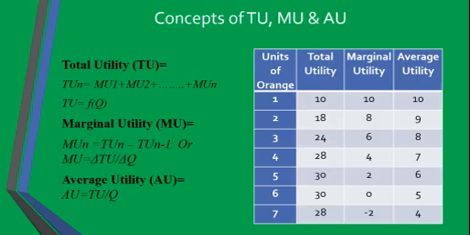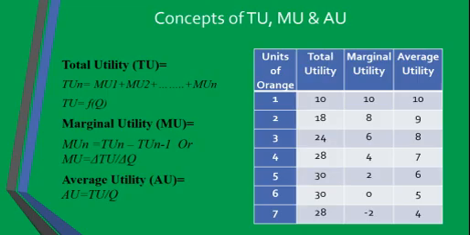Here average utility is 9, because it is total utility divided by the quantity of oranges consumed. When total utility is 18, the consumer has consumed only 2 units of orange. Therefore, 18 divided by 2 is equal to 9.